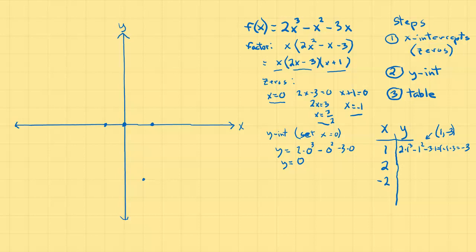Okay, now what about when x equals 2? Well, this is going to be 2 times 2 cubed, minus 2 squared, minus 3 times 2. I've run out of room a little bit here, so I'm going to do some of this work in my head. So 2 times 2 cubed, now 2 cubed is 8, and then 2 times 8 is 16. So I'm going to fit a little 16 right in here.